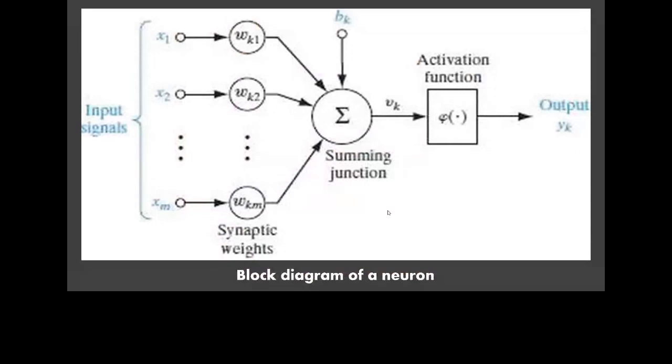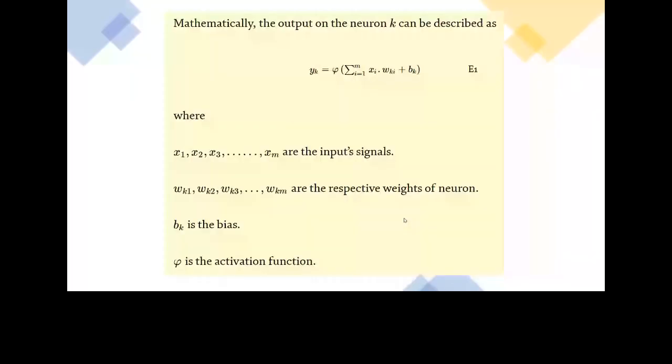So the activation function is on the sum. Is this making sense? So xi are the inputs, w are the weights, b is the bias, and phi is the activation function. The output is the activation function acting upon the weighted sum plus the bias.